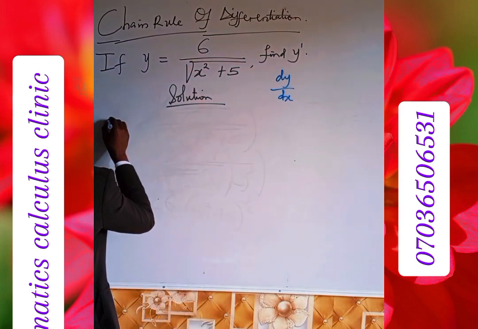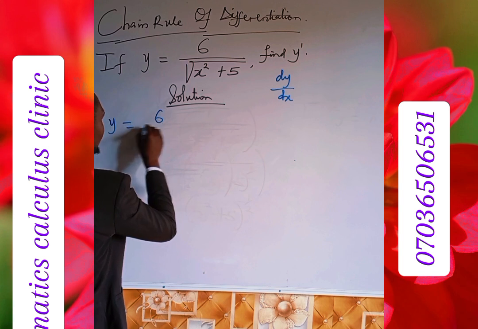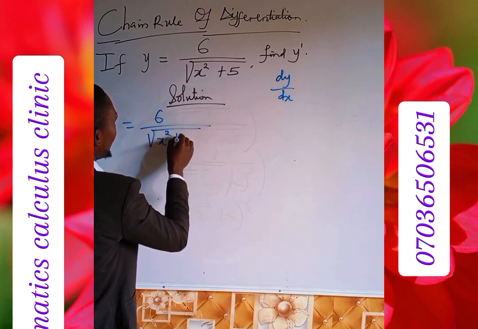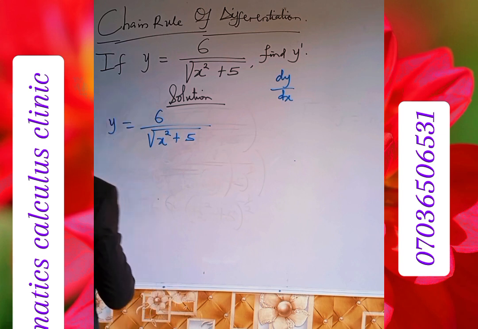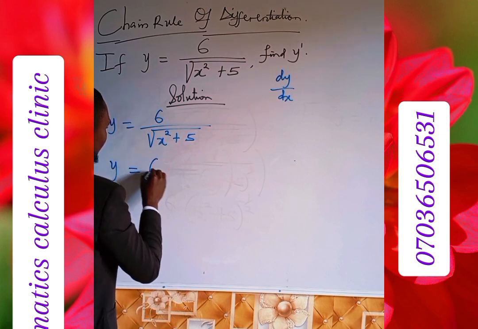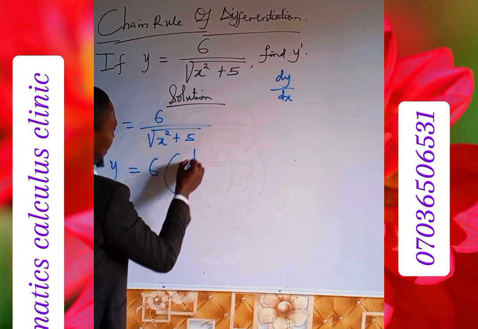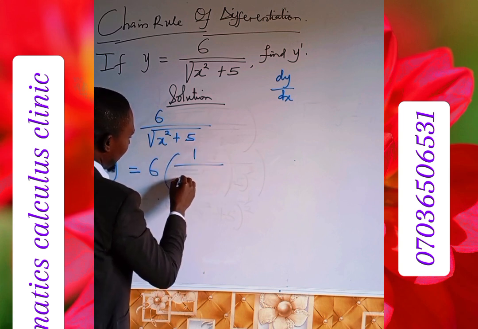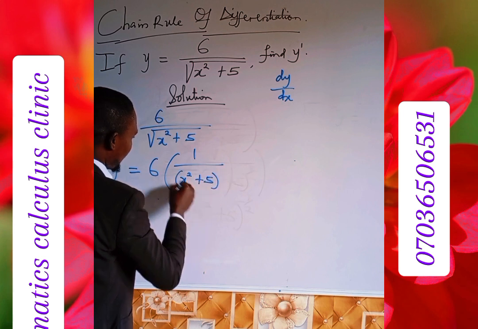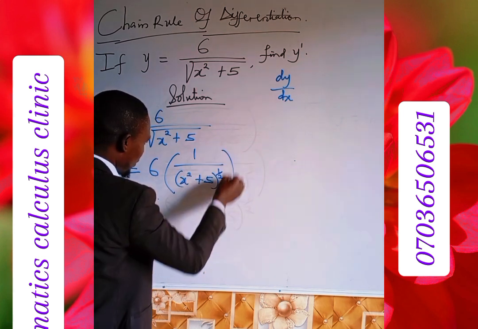Y equals 6 divided by square root of x squared plus 5. This can be written as y equals 6 open brackets 1 divided by x squared plus 5, everything raised to power half, close brackets.